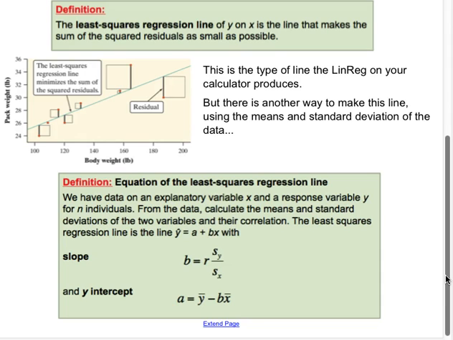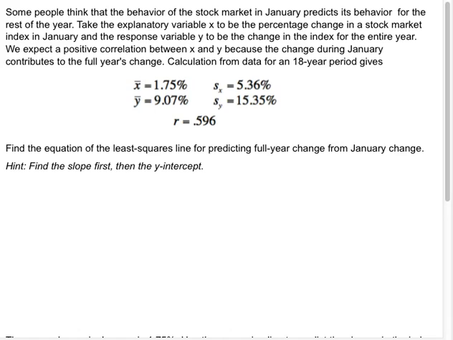Now, the neat thing is, these are on your formula sheet that you get to use on my tests, okay? So I'm going to show you to make sure that you're very comfortable using that formula sheet on the test because it is definitely going to help you. But essentially, this is going to be a second way to calculate a least squares regression line. If you don't have the data, if all you have are the means and standard deviations, well, you can still calculate it, okay? So let me step you through that process.